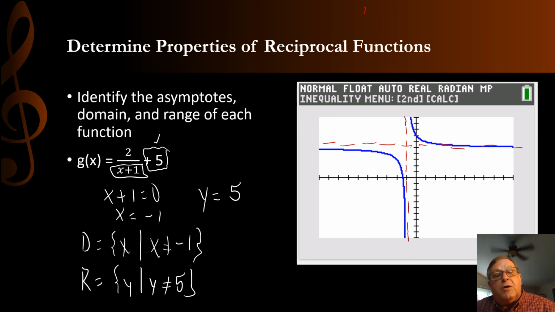And then we see this transformation sitting out here, this plus 5, which gives us a vertical shift, up or down, of the horizontal asymptote. We're going to look a little bit closer at a couple of other transformations of reciprocal functions in our next video. How about that?